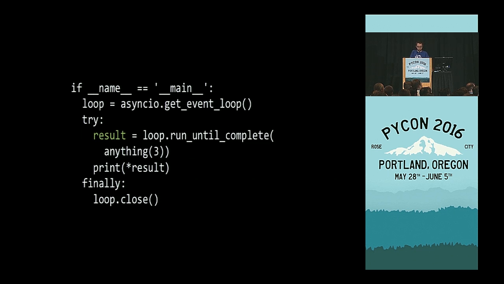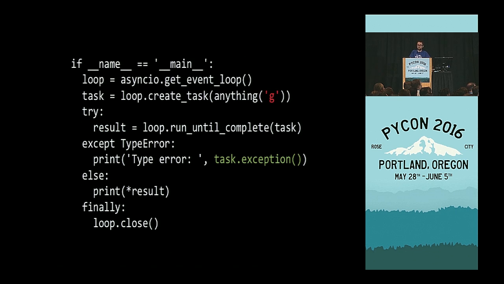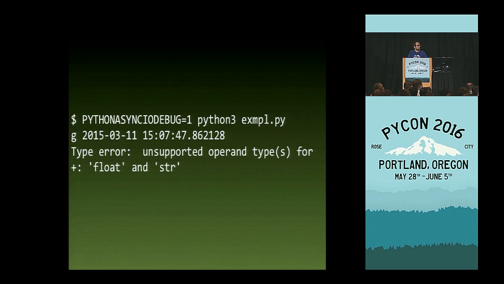Same thing is true for exception handling. It's done exactly as you would expect. If there are any exceptions, you can get to them by looking at the task's exception method. In this case, if we do this, we're going to see there is a type error in async IO sleep.